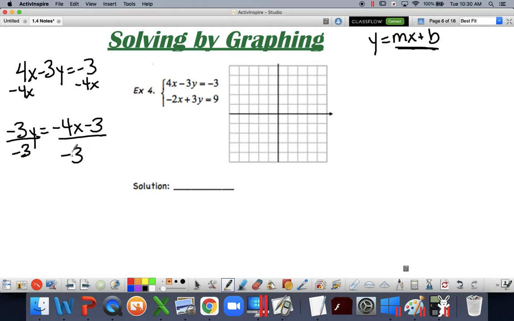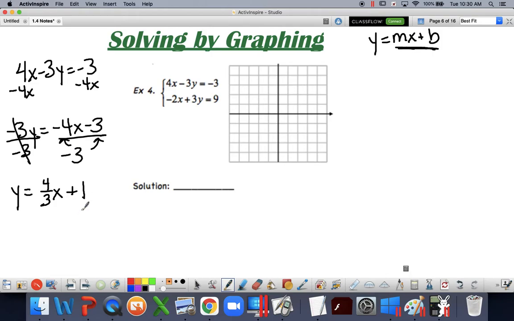Then I need to divide everything, and I mean everything, by a negative 3. I get y equals a negative divided by a negative is a positive. A negative 3 divided by another negative 3 is a positive 1. So I have 4/3 x plus 1.